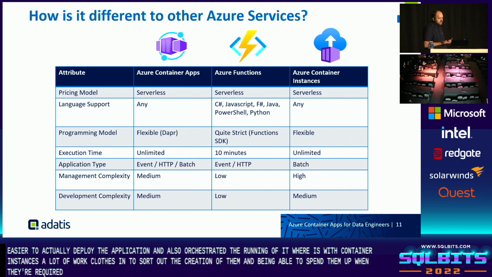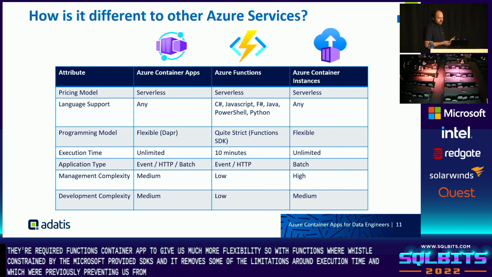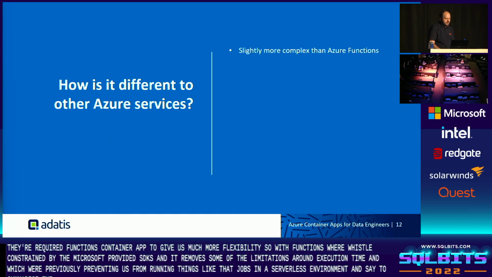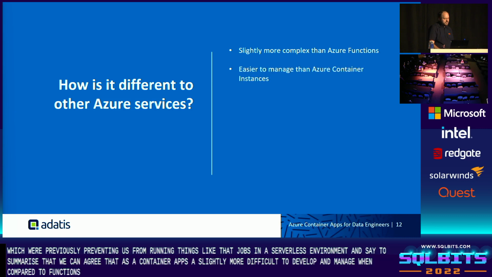And then compared to Azure Functions, container apps gives us much more flexibility. With functions, we're constrained by the Microsoft-provided SDKs. And it removes some of the limitations around execution time, which would have previously prevented us from running things like batch jobs in a serverless environment. So to summarize that, Azure Container Apps are slightly more difficult to develop and manage when compared to functions, but they're much easier to manage than Azure Container Instances.